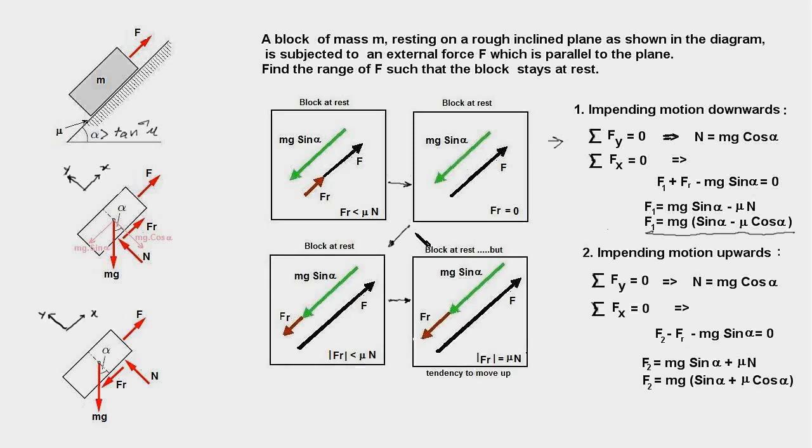So we move from this diagram to this diagram, where the force F has increased a little more. But now the static frictional force has flipped its direction. Now it is acting downwards. So in the FBD you can make out, in the earlier FBD the frictional force was acting upwards. Now it is acting downwards to provide equilibrium to the block.